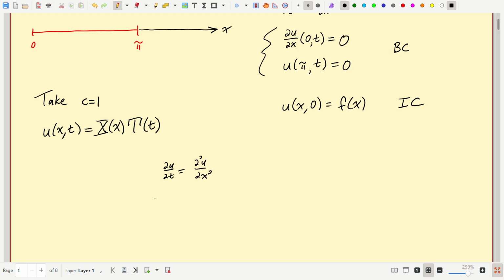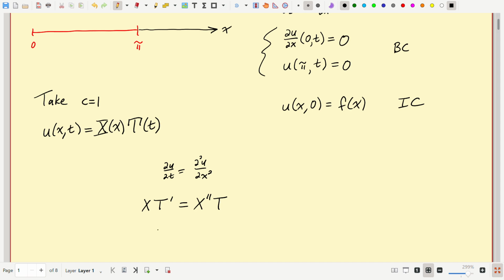And when you put the derivatives on the d by dt, that would hit the T function. So it would be X of x times T prime. And on the u, when you put d2u/dx squared, those derivatives would hit the X function. And the T function would act like a constant. And then you can separate.